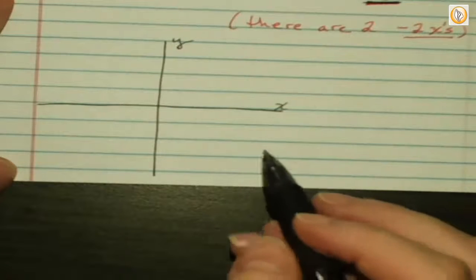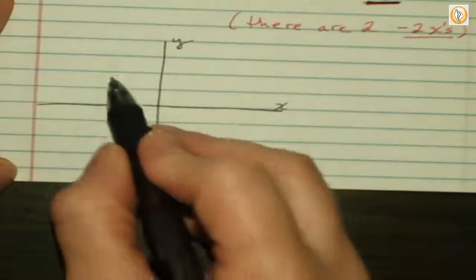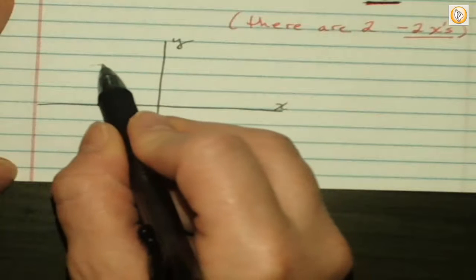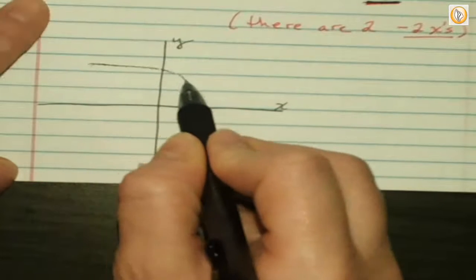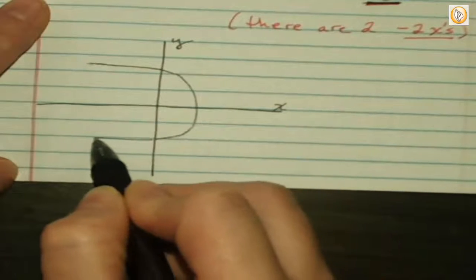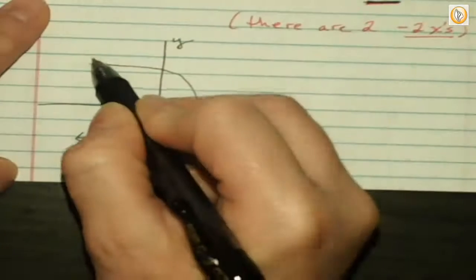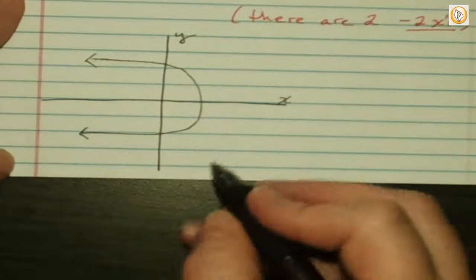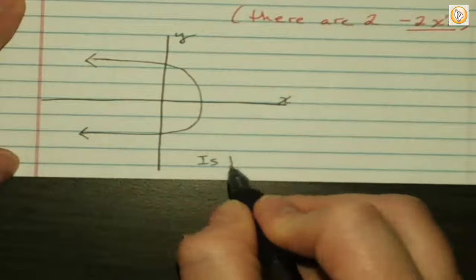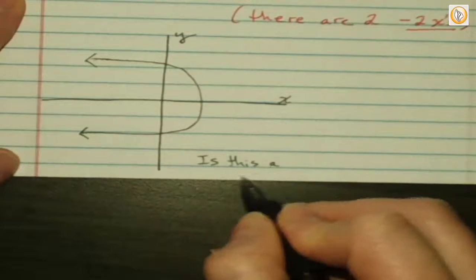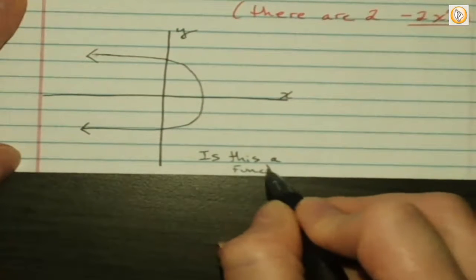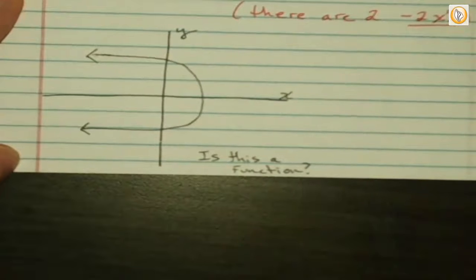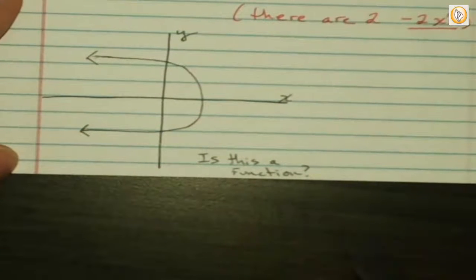Okay, let's say this time, instead of all the dots, my graph looks like this, because we're getting into non-linear type things. So let's look at this. Is this a function?